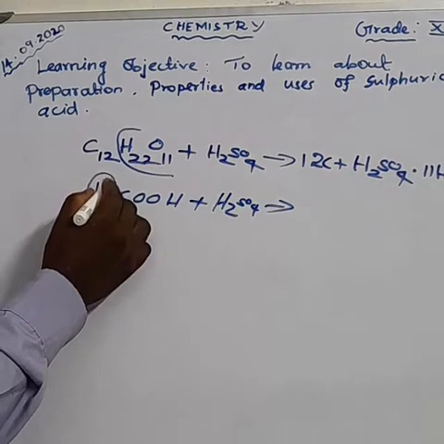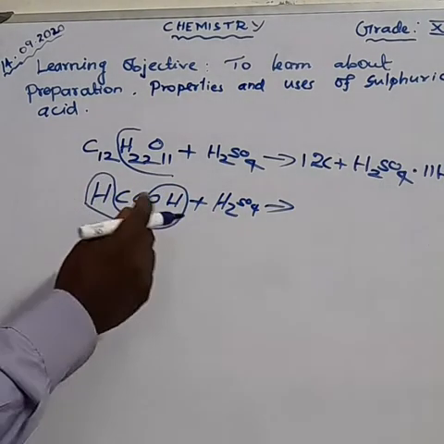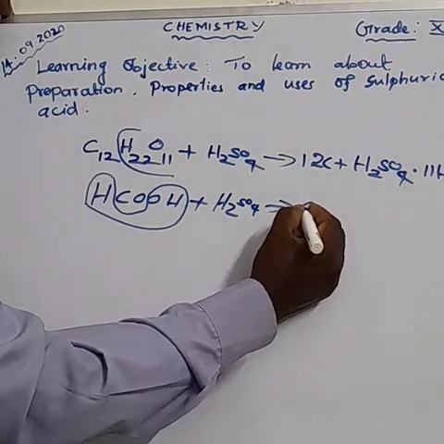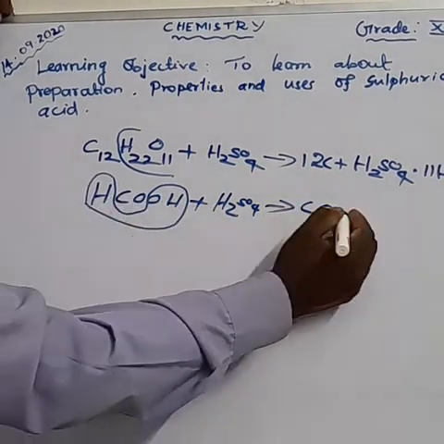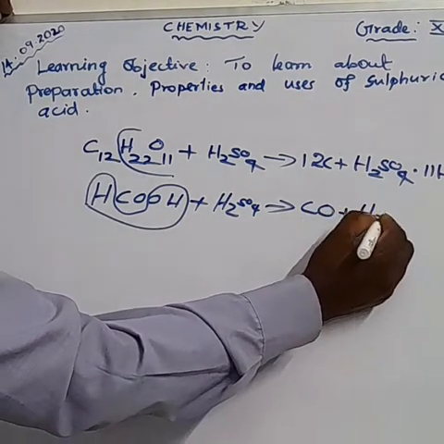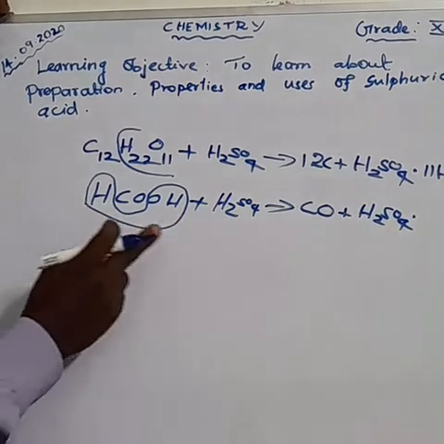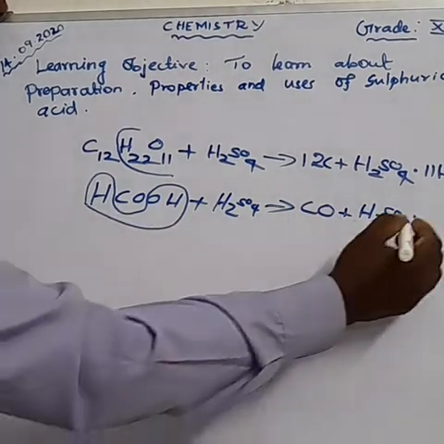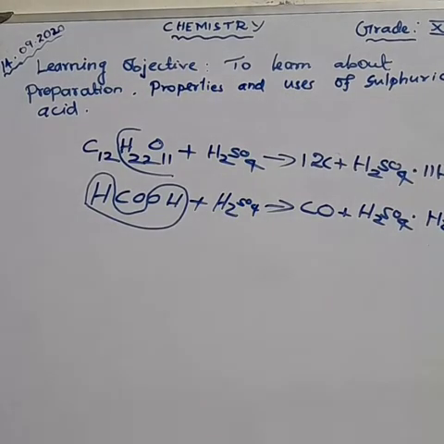The hydrogen combines with OH to give H2O, so the remaining product is CO, carbon monoxide, plus H2SO4 with water. So it is also sulfuric acid monohydrate.